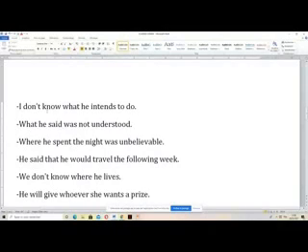Next example. Yes, please. Your name? So, where he spent the night was unbelievable. Where he spent the night is the noun clause.